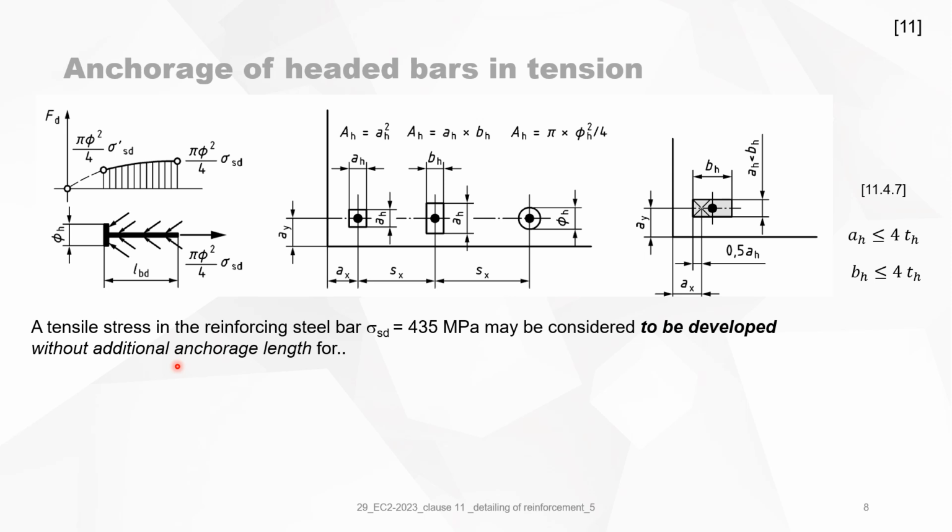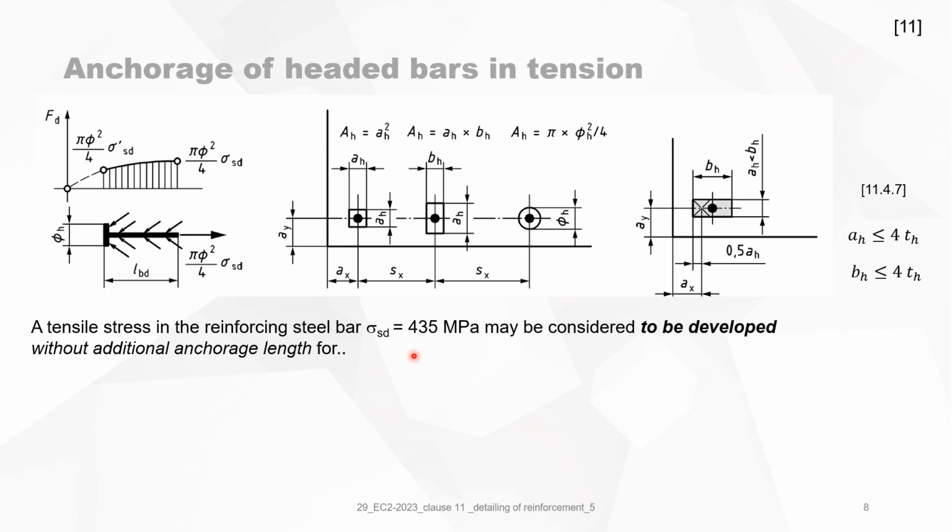That's not needed. It's just the head that gives you this resistance. But why 435 megapascal? This is strange. You have other steel qualities of rebars going up to 700. So it's very strange that suddenly they take 435.